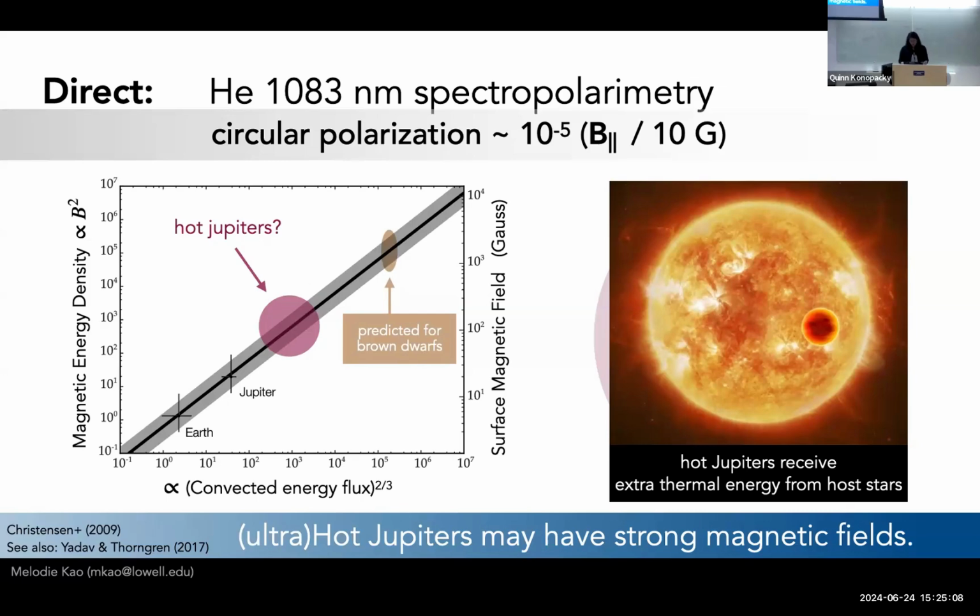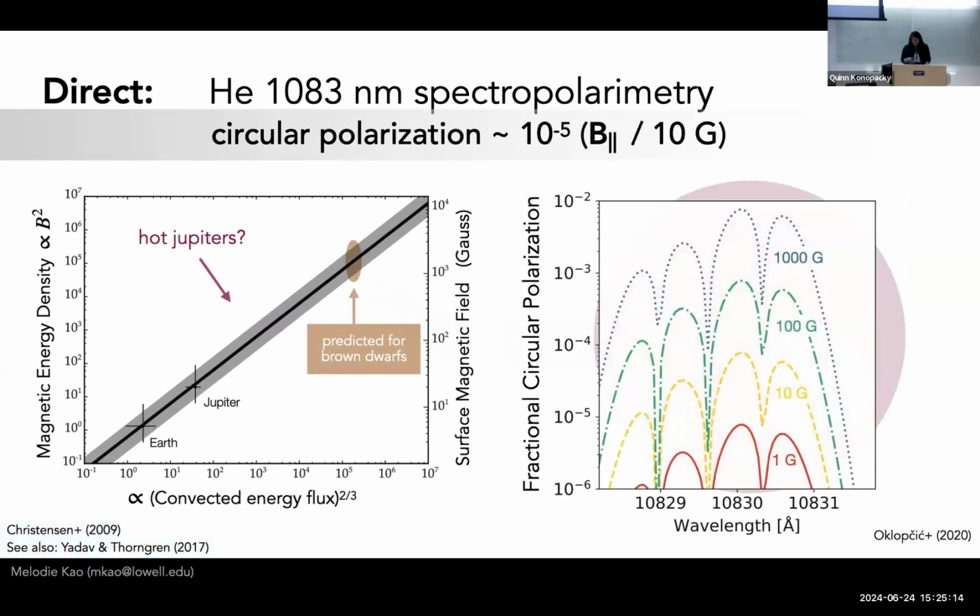If that was the case, then that would make searching for the helium-1083 nanometer line in its circular polarization and magnetic broadening a really exciting prospect because it would be order of magnitude easier to see this signal.